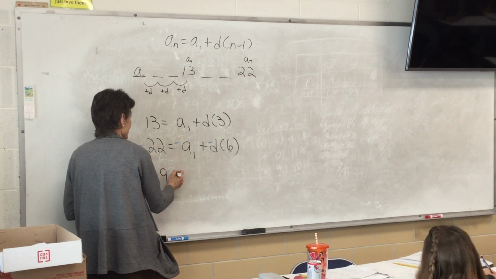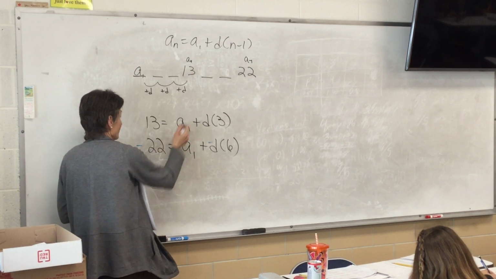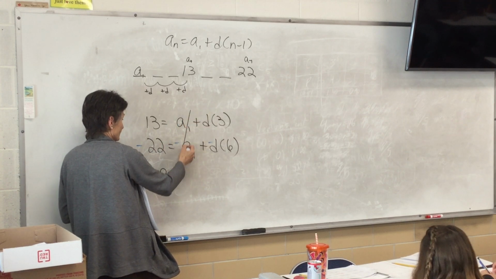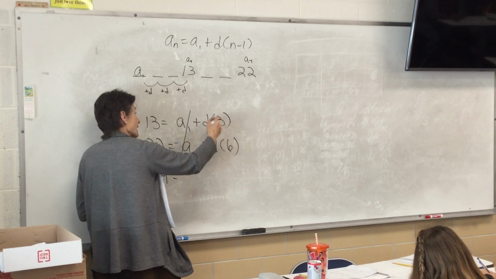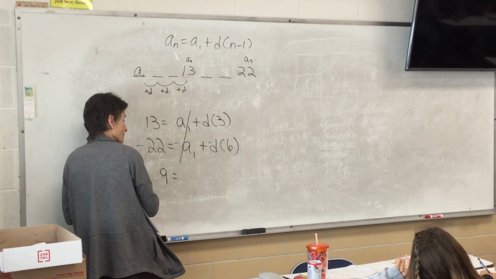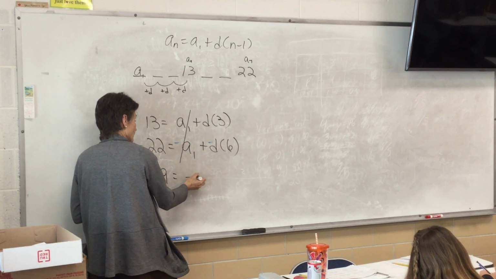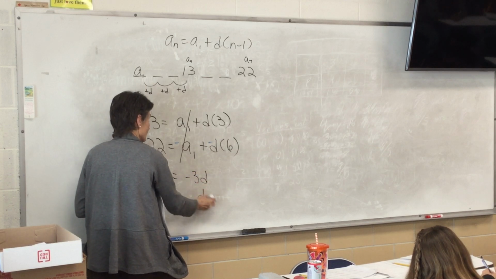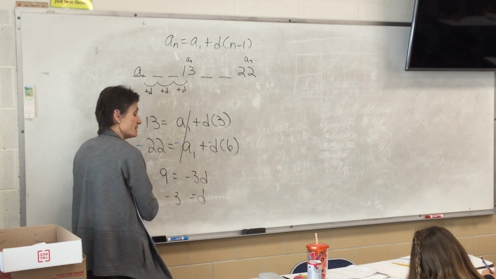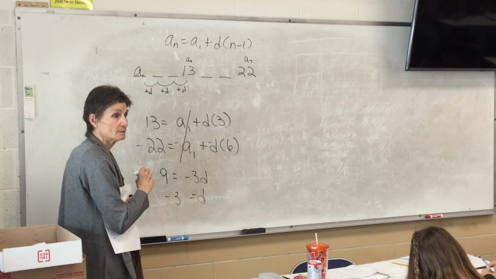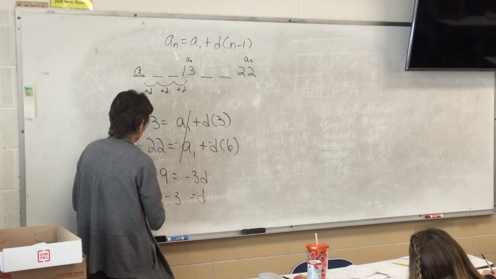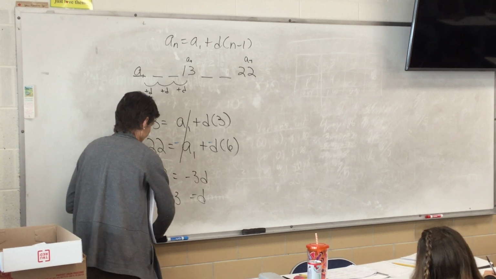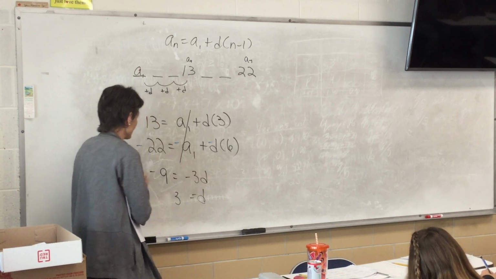So 9, what happens to these? Gone. And what do these add up to? -3d. So d is -3. Oh no, I'm sorry. +3. That was a -9.